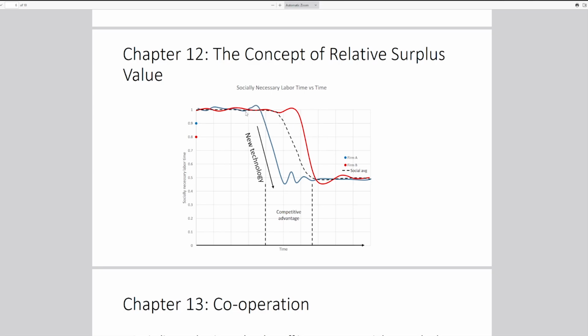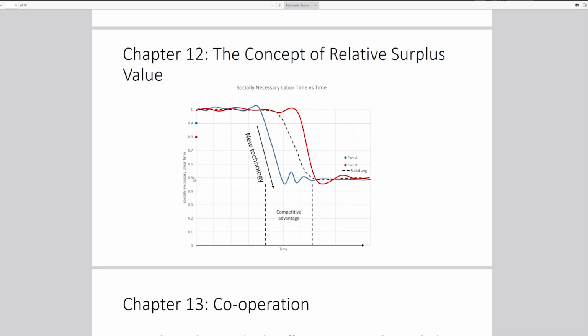Now, let's say that firm A here, the blue line, purchases or develops some awesome new technology that doubles their productivity, meaning it takes half as much time. So the socially necessary labor time has gone down to half here.